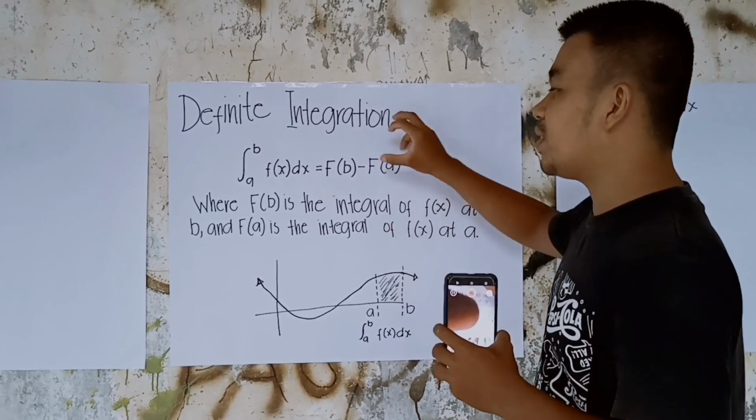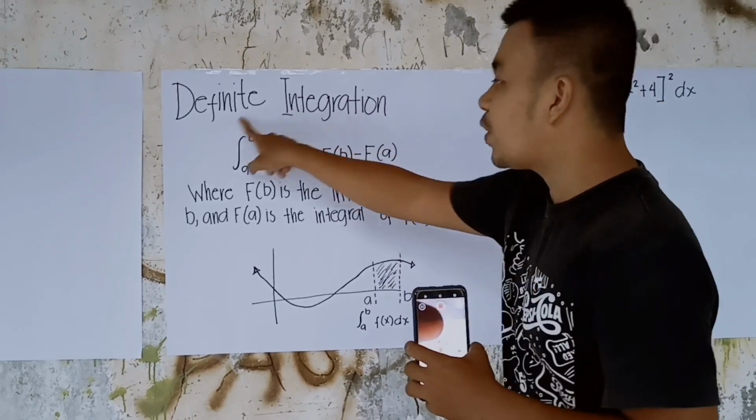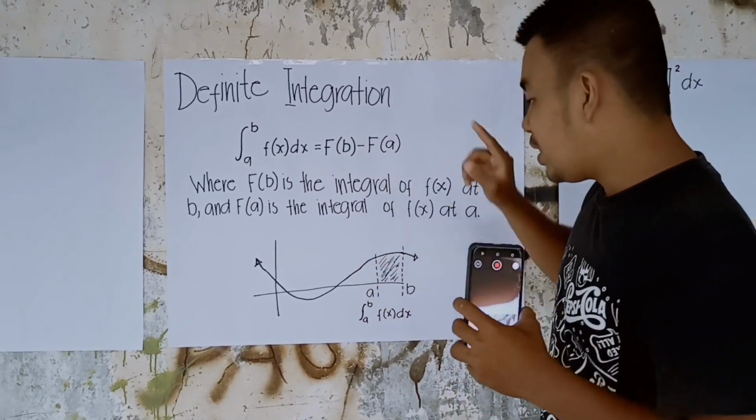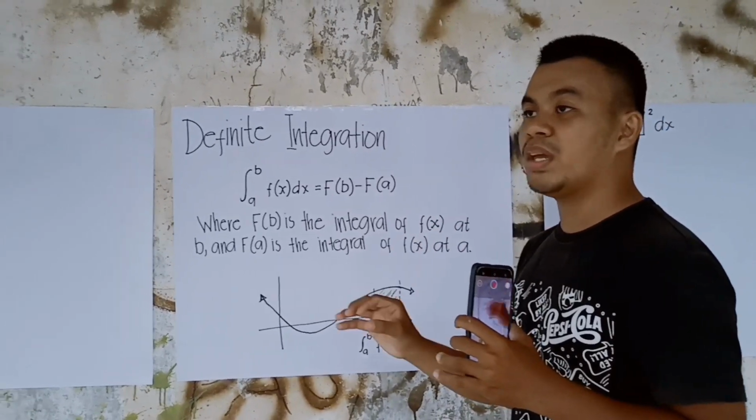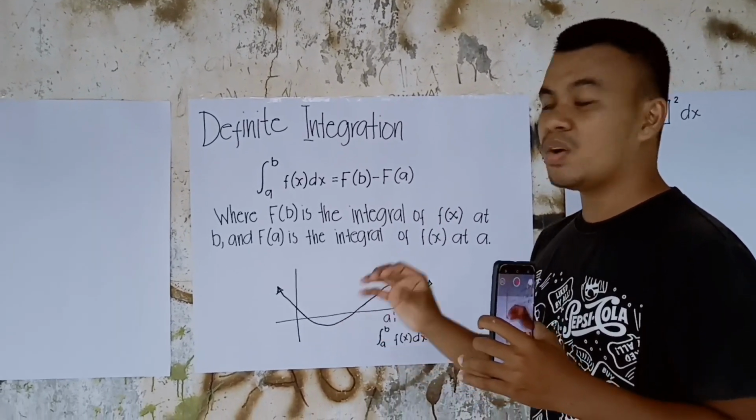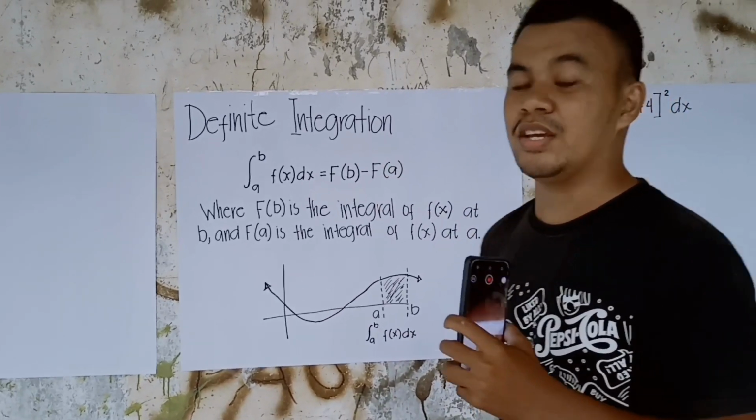That is the use of definite integration. We will use this formula to solve the area on a plane. That is the simplest way to explain the use of definite integration.